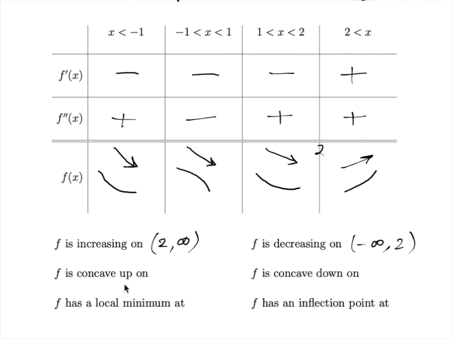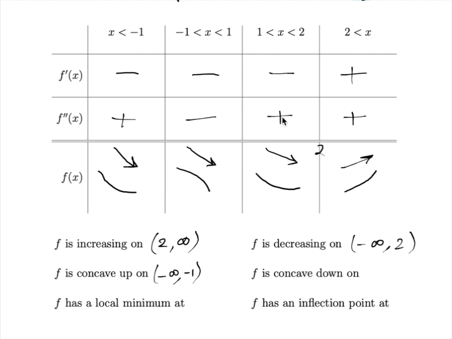F is concave up on, this is up here, from negative infinity to negative 1, and it's also up here from 1 all the way to infinity.